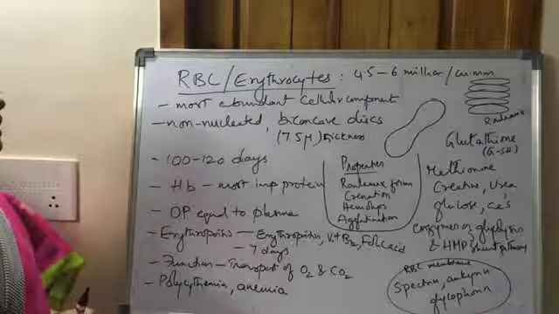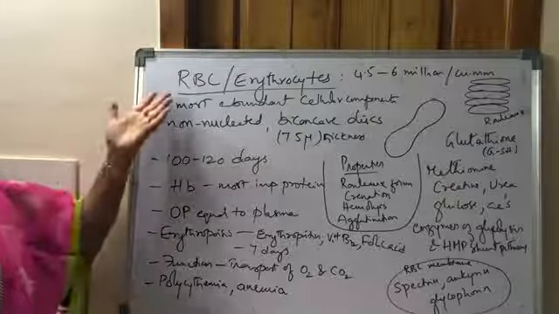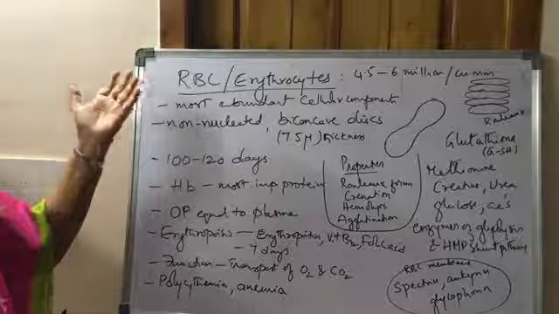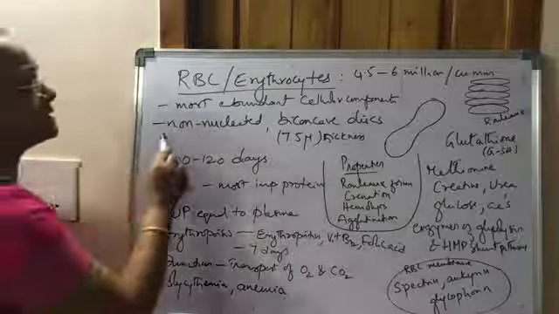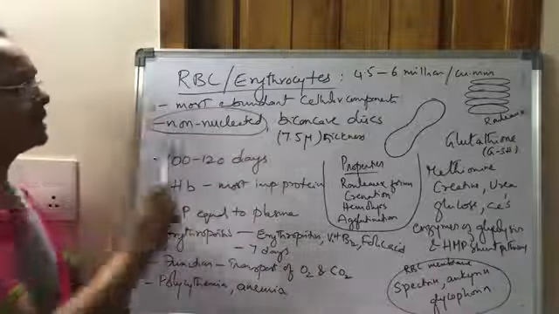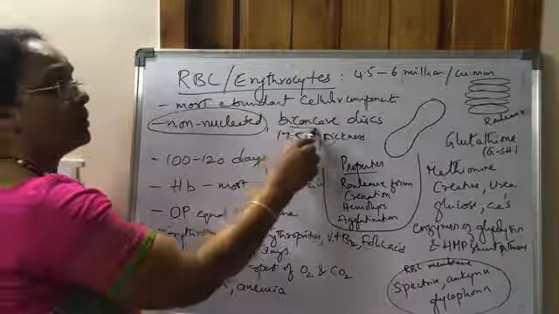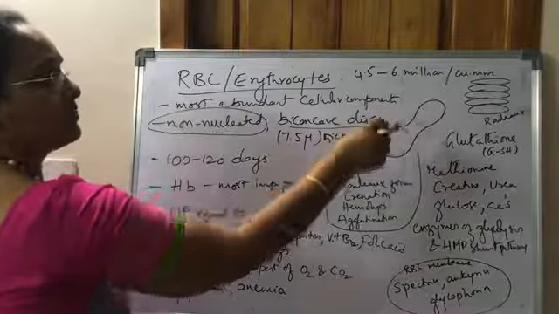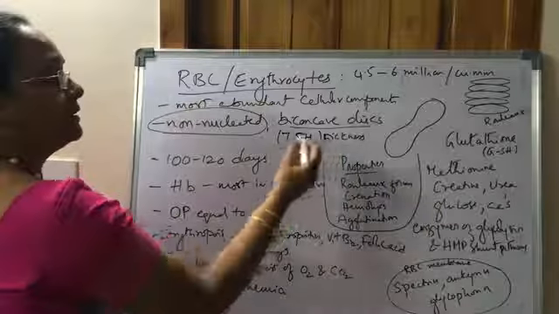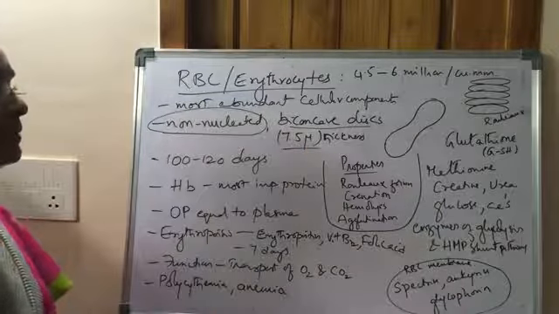All of you know, as the name indicates, it is red in color, red blood cell. The most important property is that it doesn't have a nucleus. Non-nucleated. The shape is biconcave discs, somewhat like this, with an average thickness of 7.5 microns.